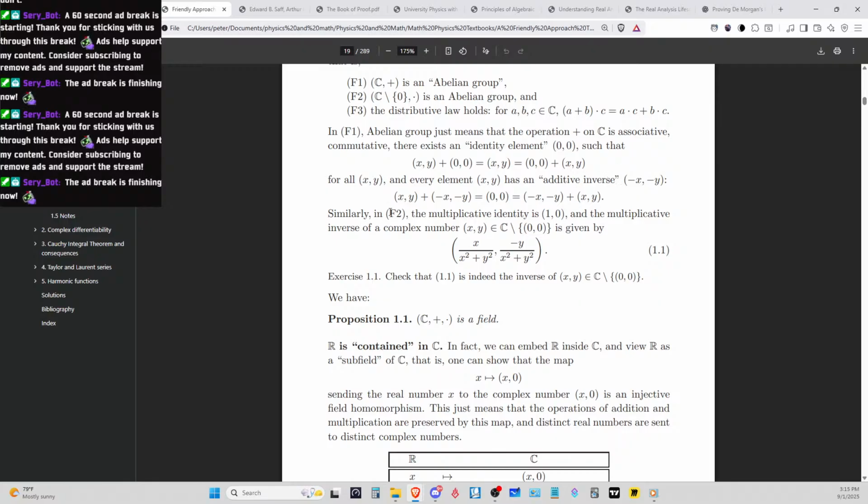Okay, similarly, F2, the multiplicative identity of complex numbers, the complex numbers without the ordered pair 0, 0, is given by, okay. Exercise 1: check that 1, 0 is indeed the inverse of.